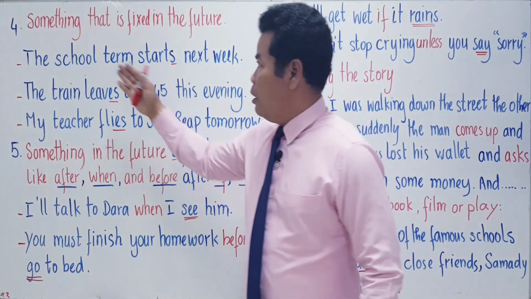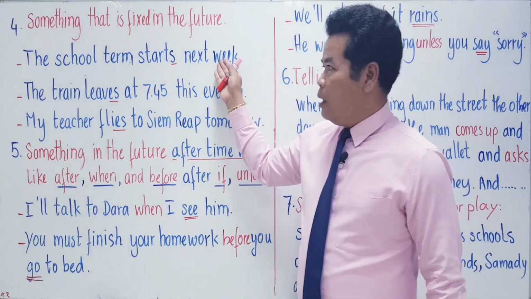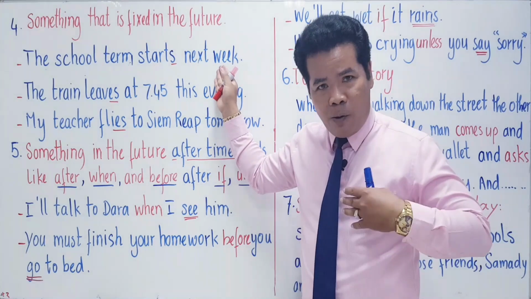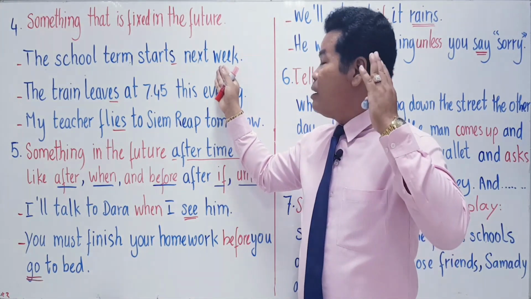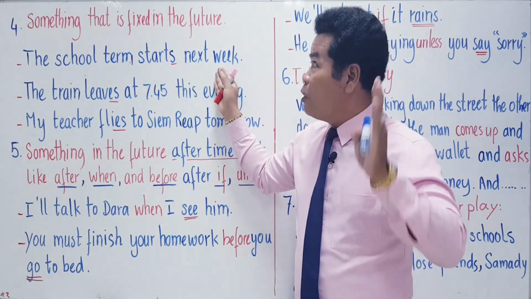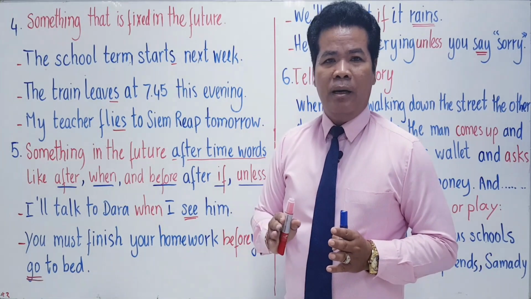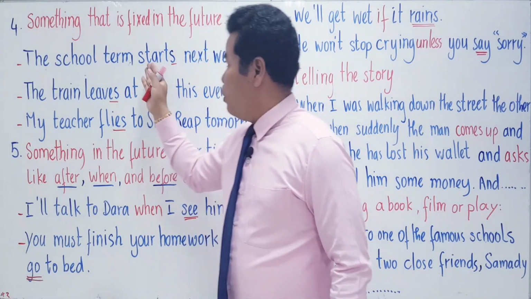For example, the school term starts next week. It's not now. Present simple can be used to talk about the future, but according to a schedule. It's fixed in the future. So we use present simple tense here.